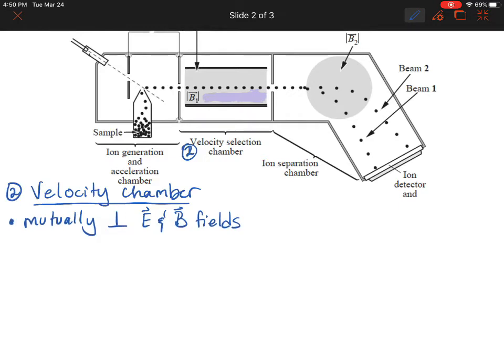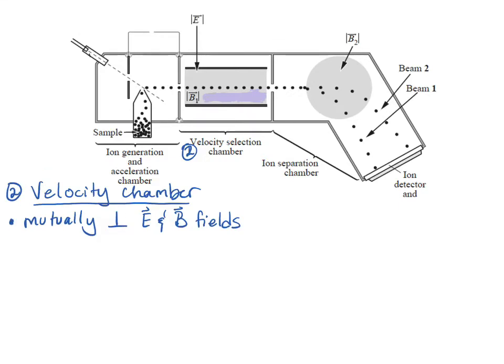So here, to get them mutually perpendicular, you've got to do a little bit of reasoning. We have to know, first of all, which direction our positive and negative plates are going to be, and then depending on that, we can figure out what direction the magnetic field is going to be.